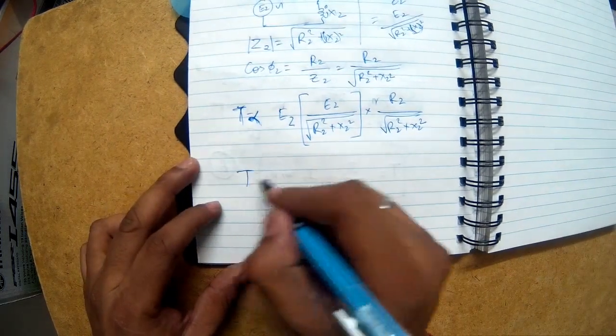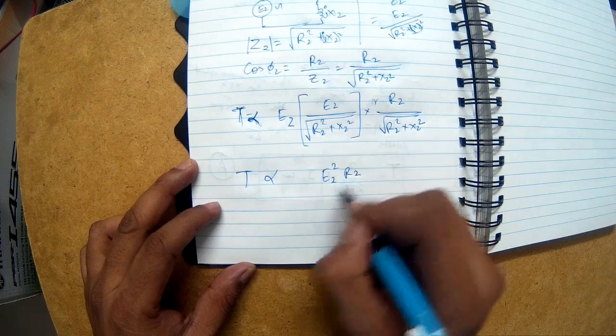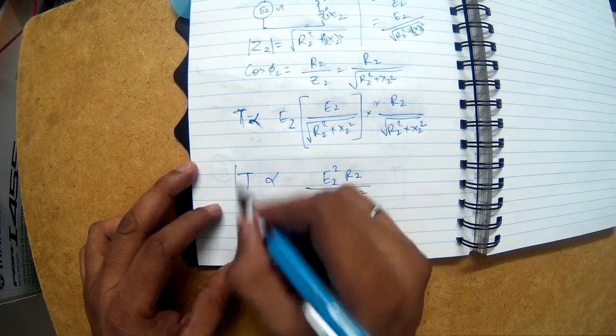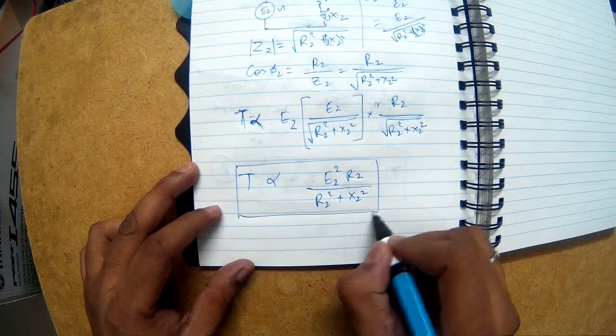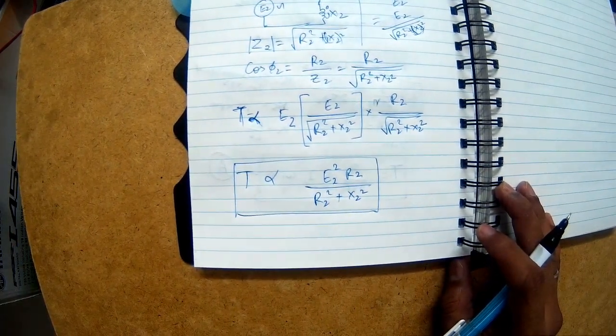So finally, torque is proportional to E2 square R2 divided by R2 square plus X2 square. Here again I am getting another expression for torque.